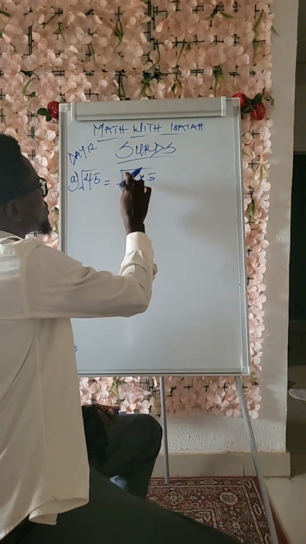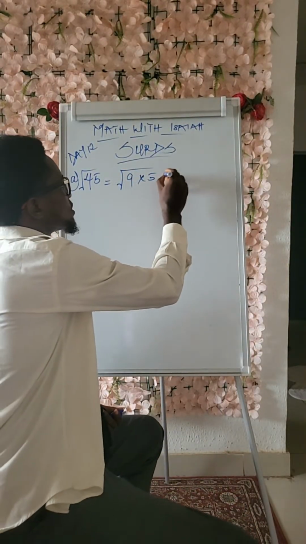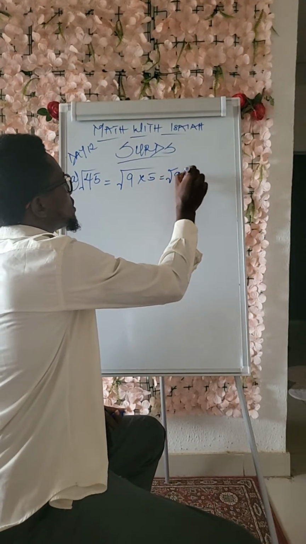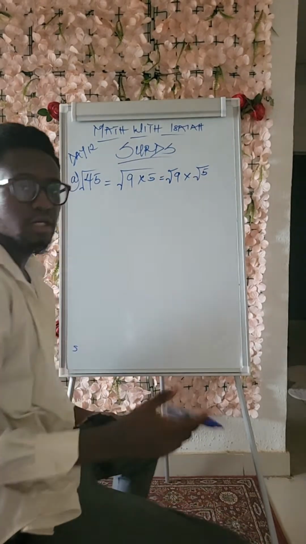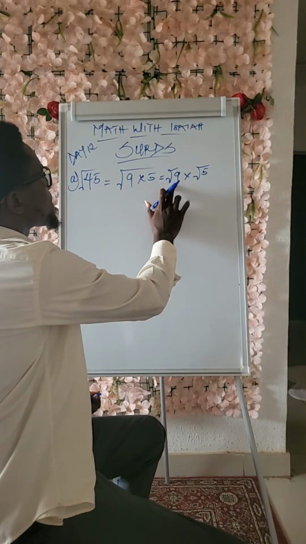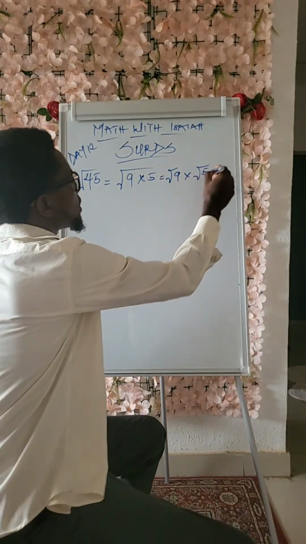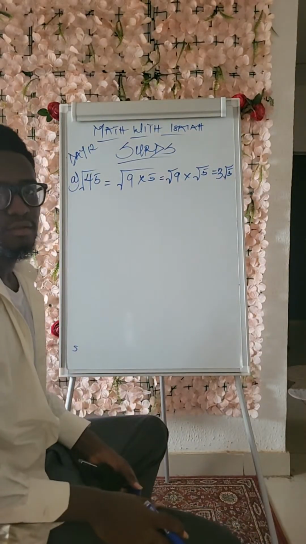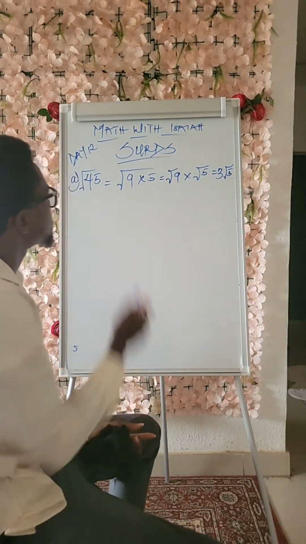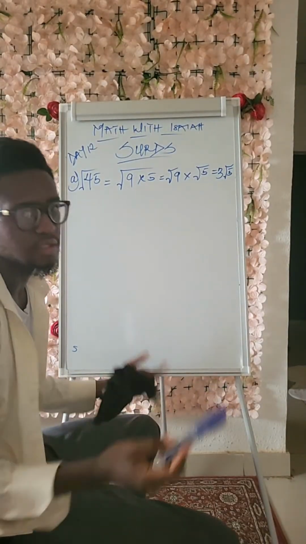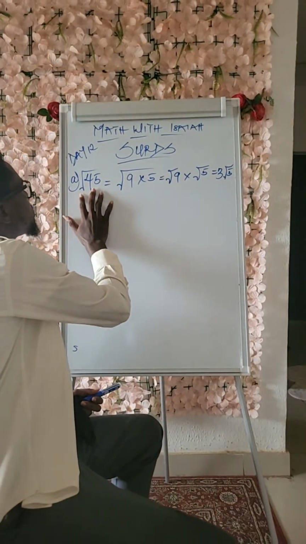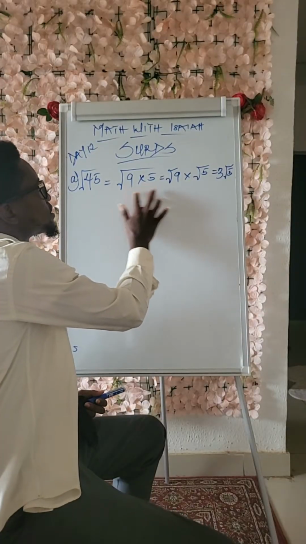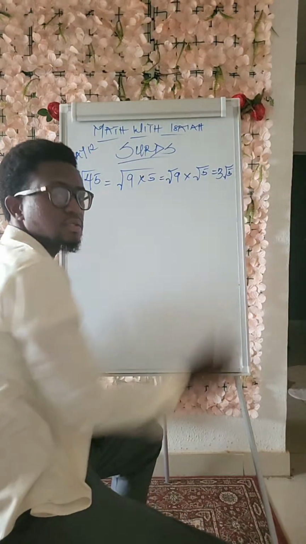This is the same thing as the square root of 9 and the square root of 5. Now, the square root of 9 is 3. So we can call this 3 root 5. This is what simplification of SURDS basically means. It tells you that a big number like this can be broken down into this, then this, then this.